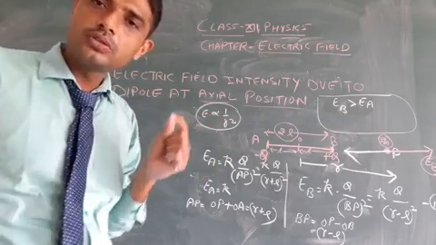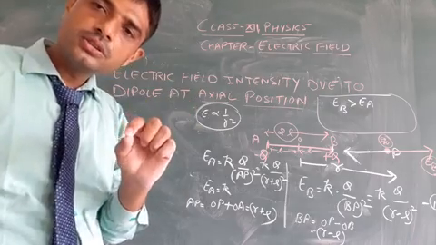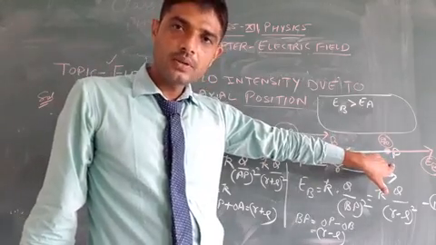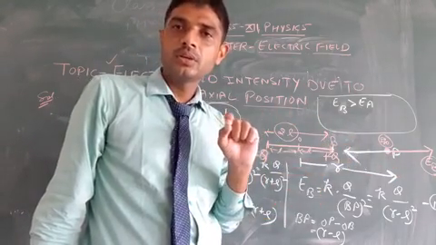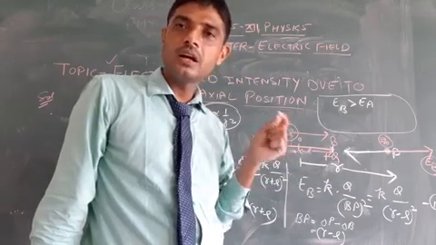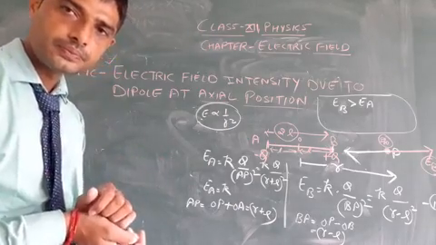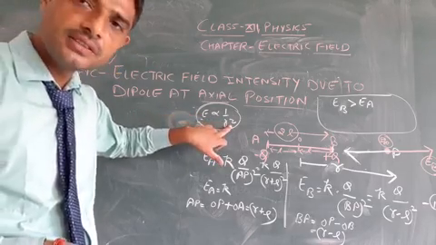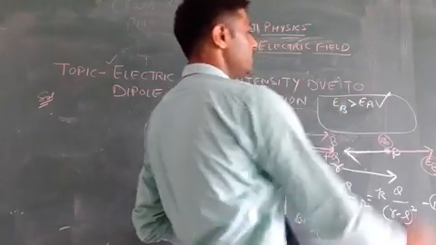If there is less distance between the charge and the test charge where we have to find intensity, then intensity is more. If there is more distance between point P and the charge, the intensity is less. When distance increases, intensity decreases, and if distance decreases, intensity increases. So that's why EB is greater than EA.